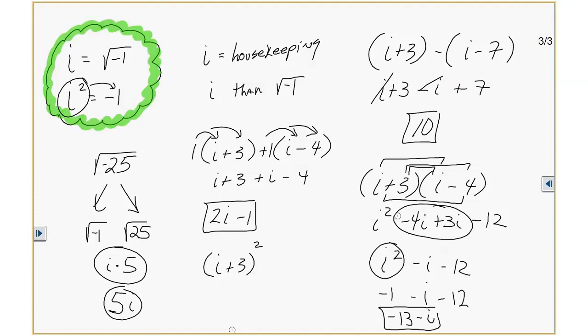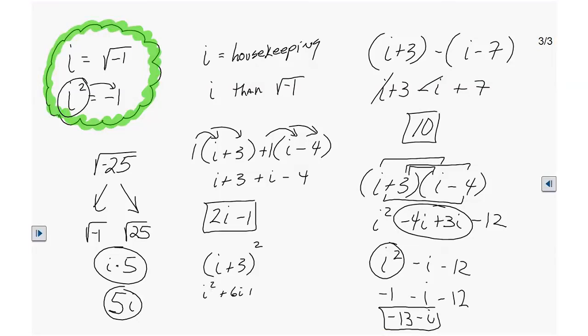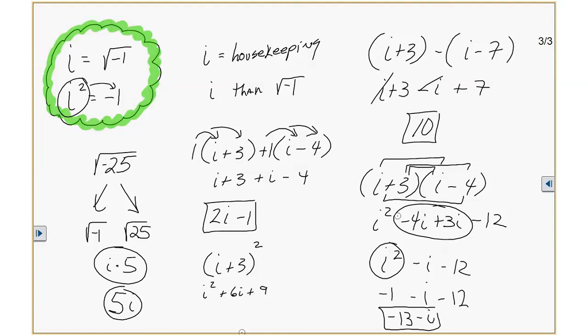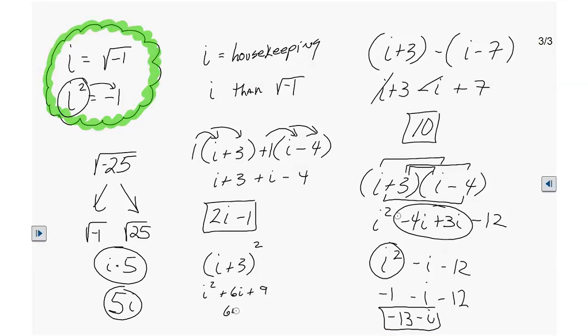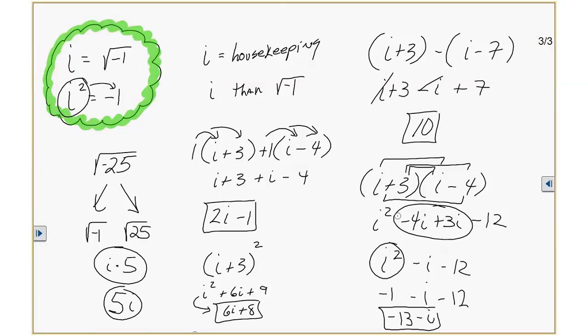Shortcut number what? Number 1. So that's going to give you i squared plus 6i plus 9. Negative 1 plus 9 is what? And if you don't do that last step right there, guess what? The whole problem is wrong.